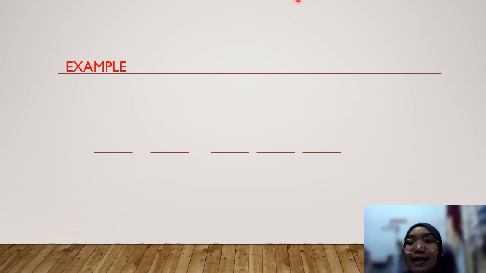So for example, let's start with nitrogen. Nitrogen has an atomic number of 7. The first thing we need to do is identify the electron configuration of nitrogen, which is 1s2, 2s2, and 2p3. Once you have the ground state electron configuration, then you can draw the orbital diagram. So this is the 1s energy level, this is the 2s energy level, and this is 2p.